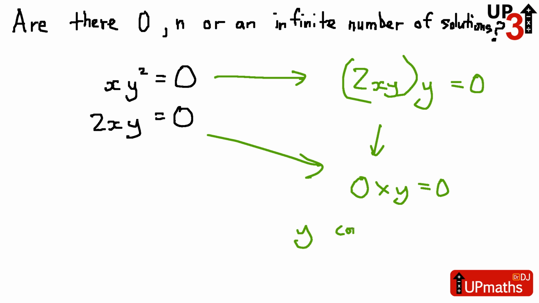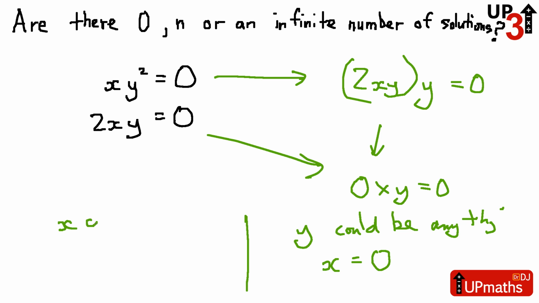Y could be anything, and whatever y is, x has to be 0. But is it also possible to say x could be anything, if y equals 0? So we've definitely got an infinite number of solutions.